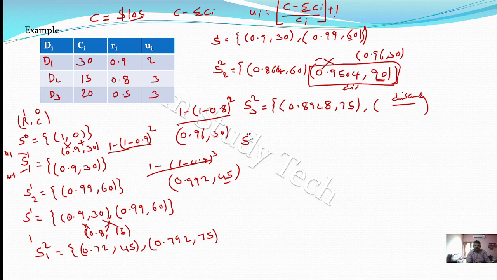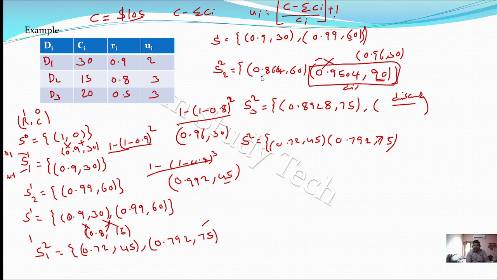S2 is, you can merge. Here it is 0.72, here is 0.7245, comma. 0.79275, here it is.